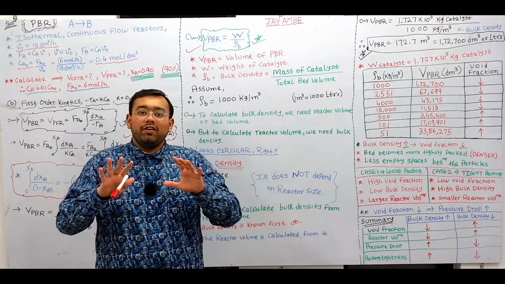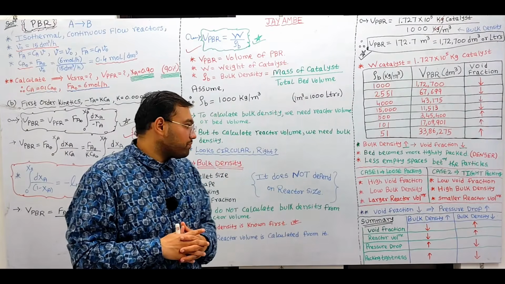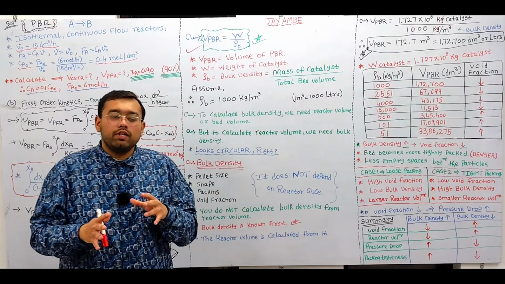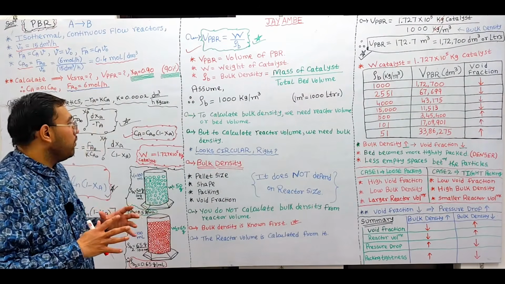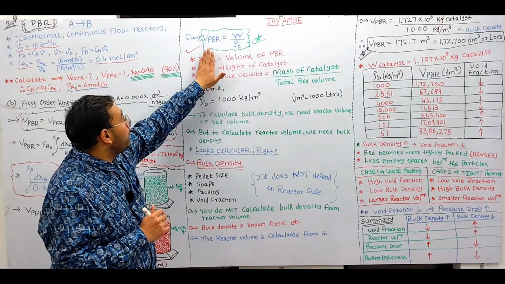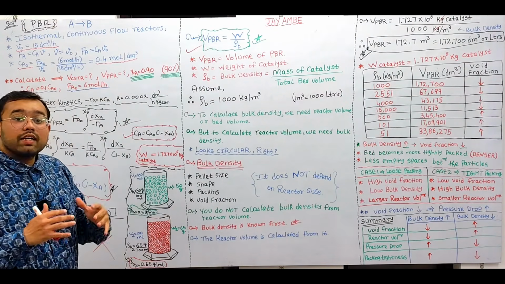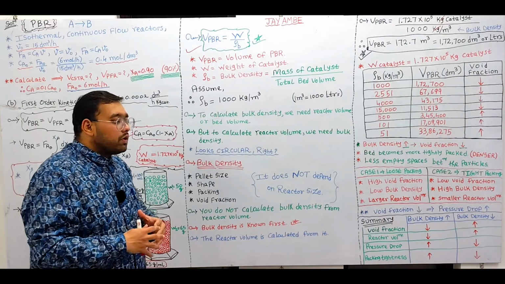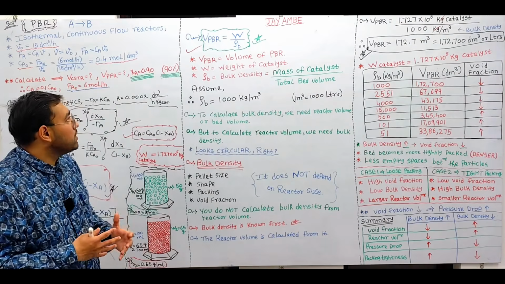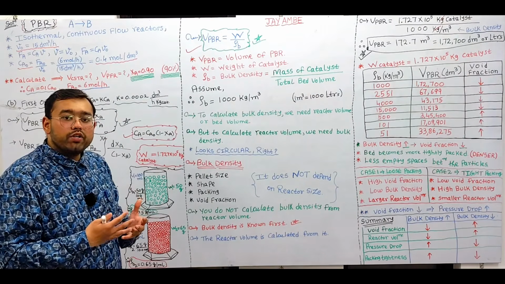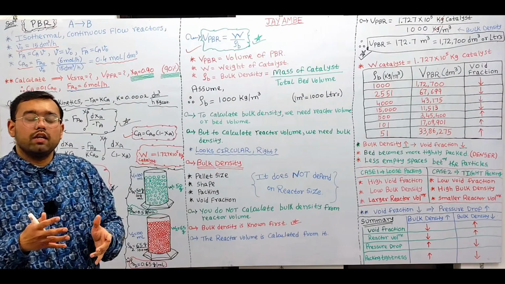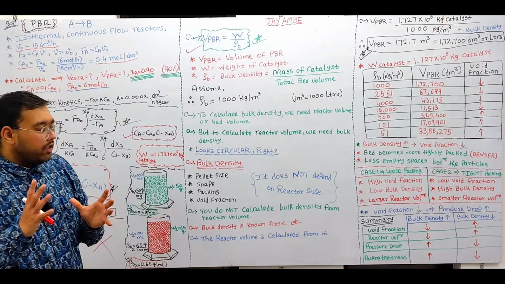So in order to summarize today's entire lecture, we have calculated and designed the volume of the packed bed reactor via the new actual approach. We have also understood one important fundamental concept in order to design the volume of the packed bed reactor, which is bulk density, the ratio of the mass of the solid catalyst to the total volume occupied by the solid catalyst.